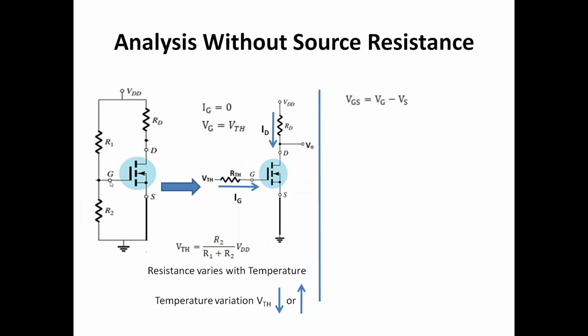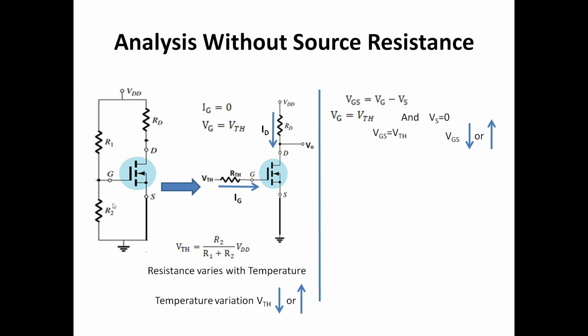Now the potential drop between gate and source is VGS equals to VG minus VS. So Vg equals to Vth and the source terminal is connected to ground, so Vs equals to 0. So Vgs equals to Vth.